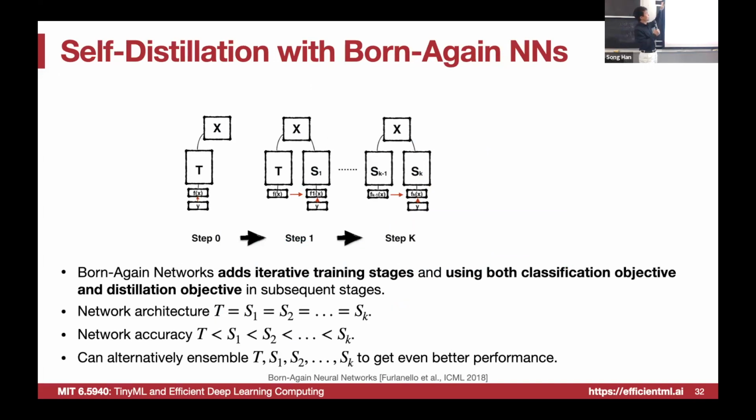So I'm going to introduce self-distillation with born-again neural networks. In step 0, we have the model initialized from scratch, and given the input, we have a label. We use the label to train the model, right? We don't train it all the way to convergence.